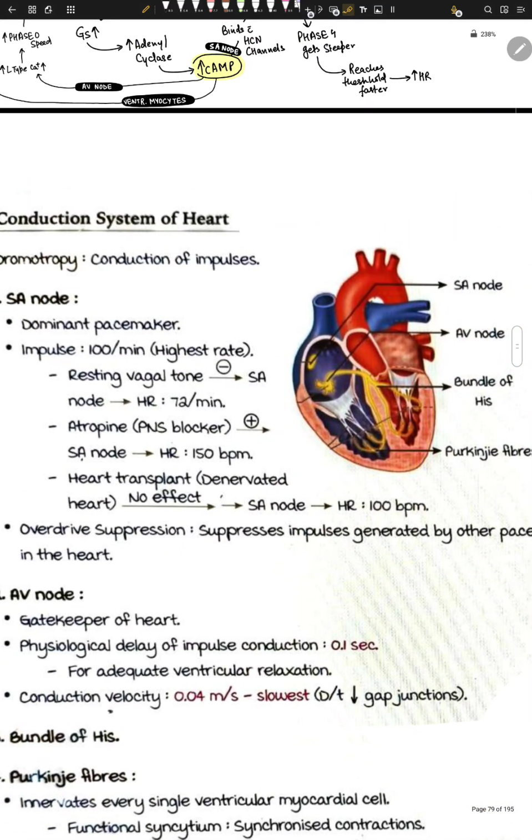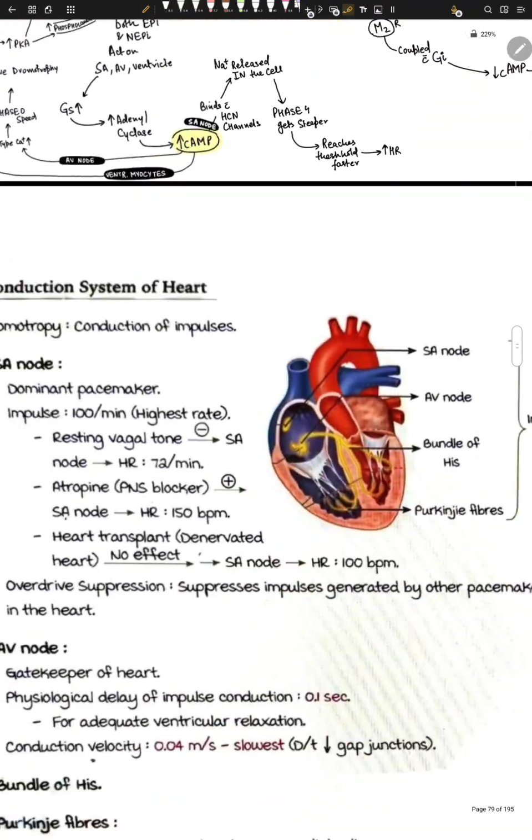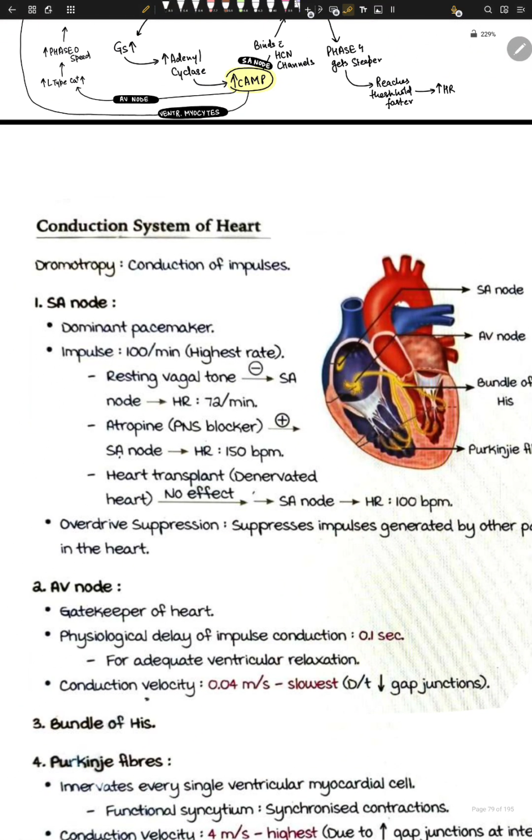And this acetylcholine is released from the vagus nerve, and then this opens the potassium channels. Once these potassium channels are opened, we have hyperpolarization happening again. The potassium is leaving the cell, so hyperpolarization happens, slower depolarization happens. The cell becomes a little more negatively charged than usual.